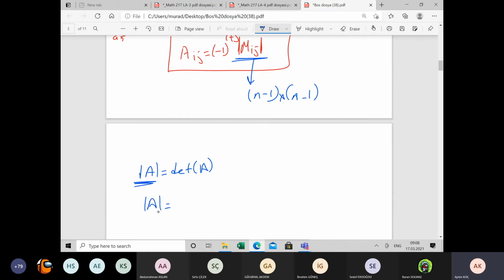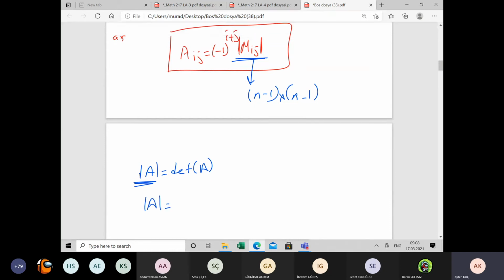Take any row or column. It's okay. Write all the entries of the corresponding row, all aij.